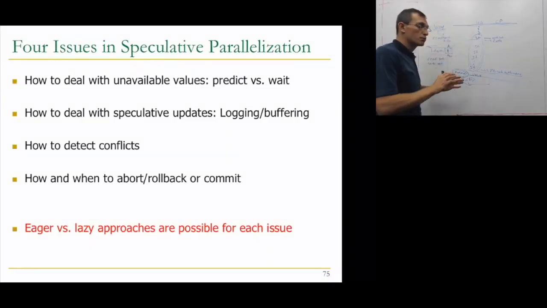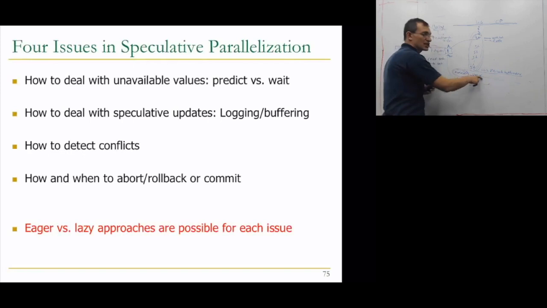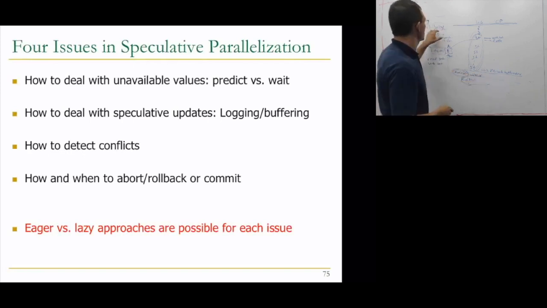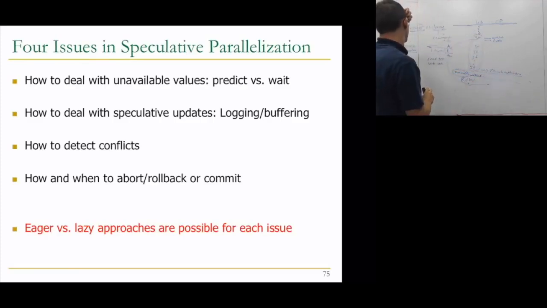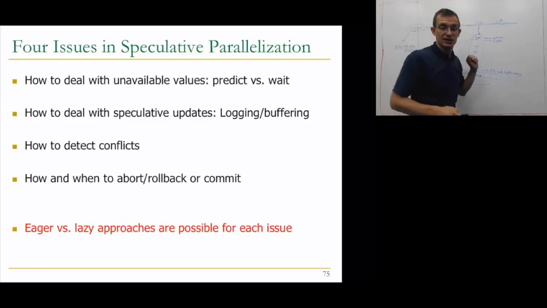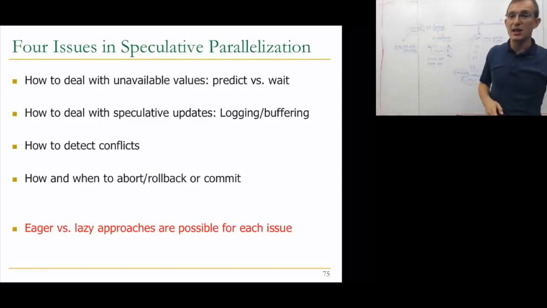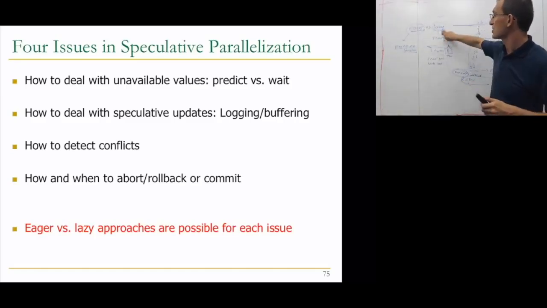You postpone the stores until the end of the critical section. The advantage is you don't expose them quickly. The disadvantage is you need to ensure that at the end they're all exposed at the same time. So eager versus lazy applies here too, and in the approach that we've discussed, speculative lock elision does it lazily.